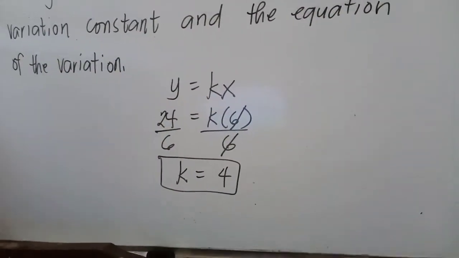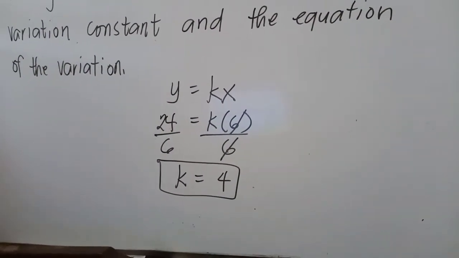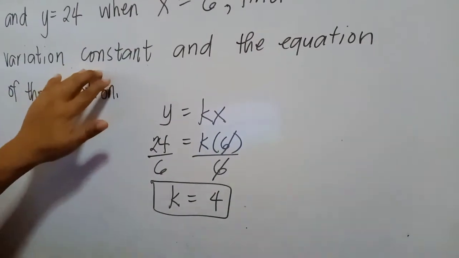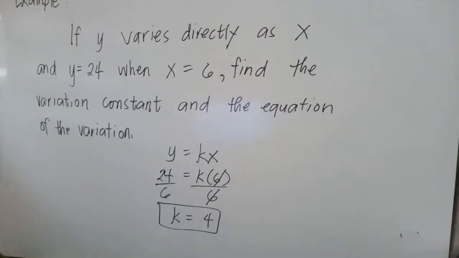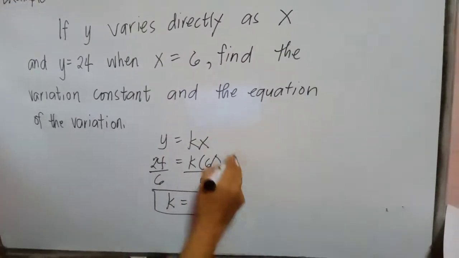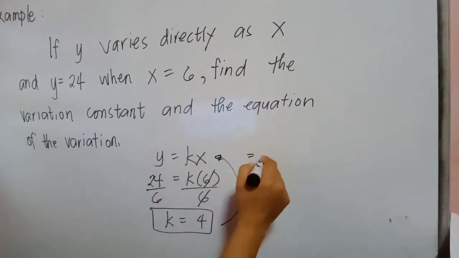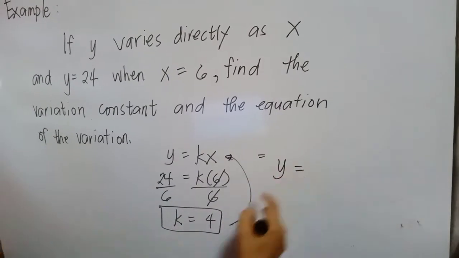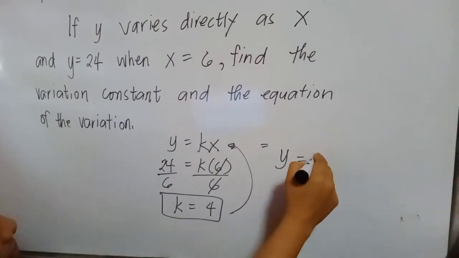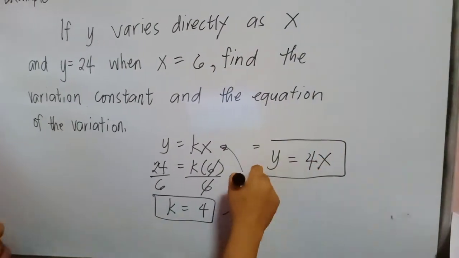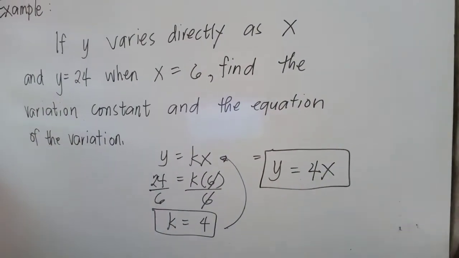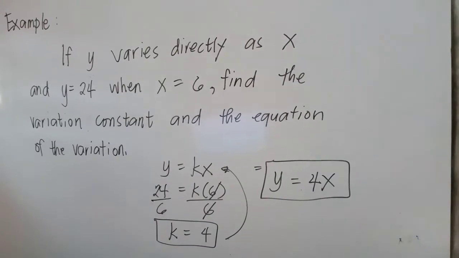Okay, so we have k equals 4, and that is the variation constant. And for us to get the equation of the variation, we simply go back here and substitute k with the solved value 4. So the equation of the variation is y equals 4x.